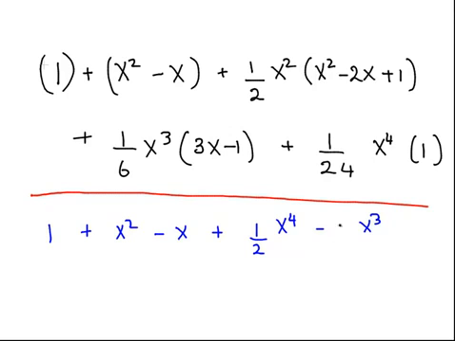We also have a minus sign there, so I'll just tidy that up a bit. Plus 1/2 of x squared. 1/6 of x cubed times 3 of x. That 3 and the 1/6 cancel out to a half.